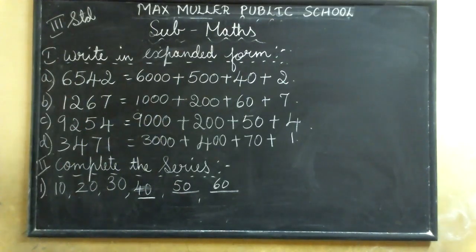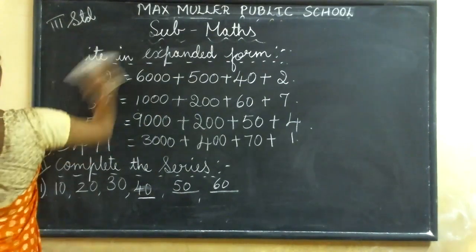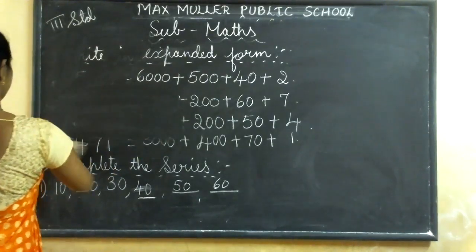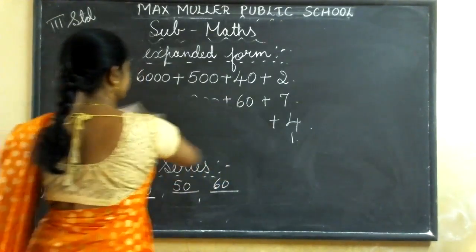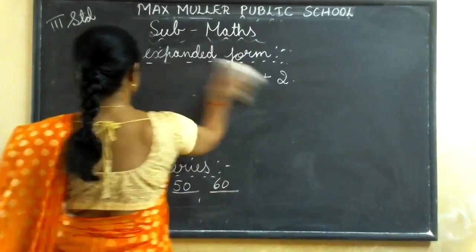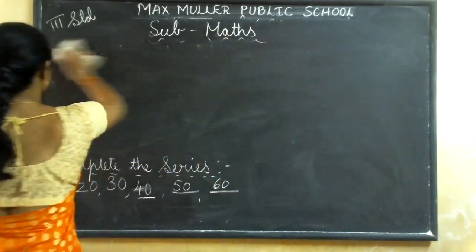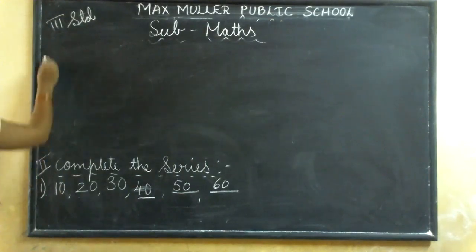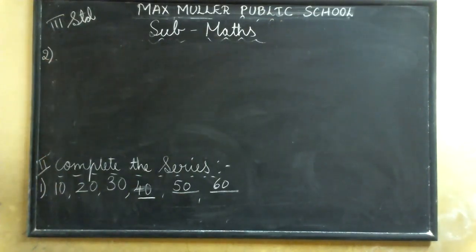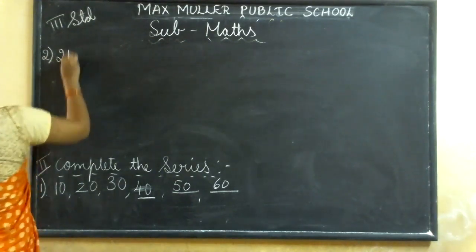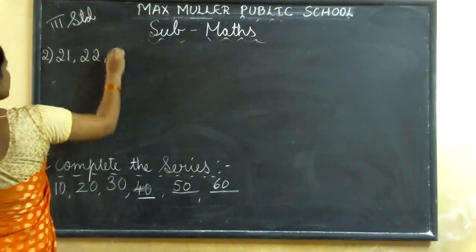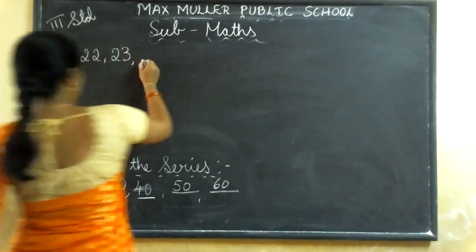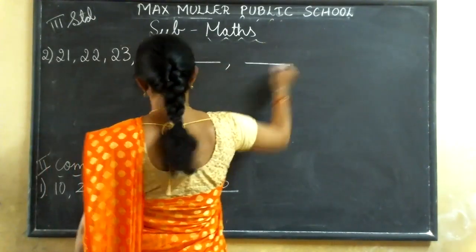Shall I clean first main? Next, second one: 21, 22, 23, dash, dash, dash.